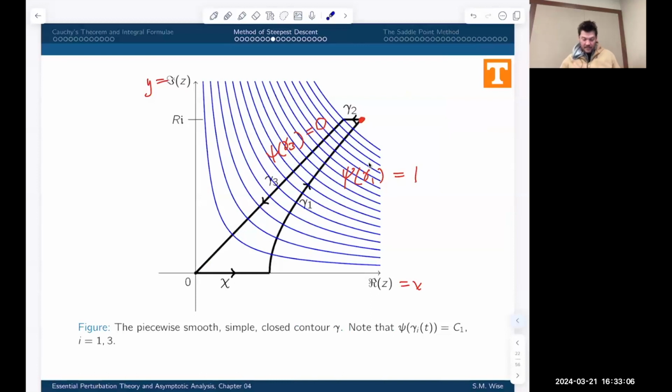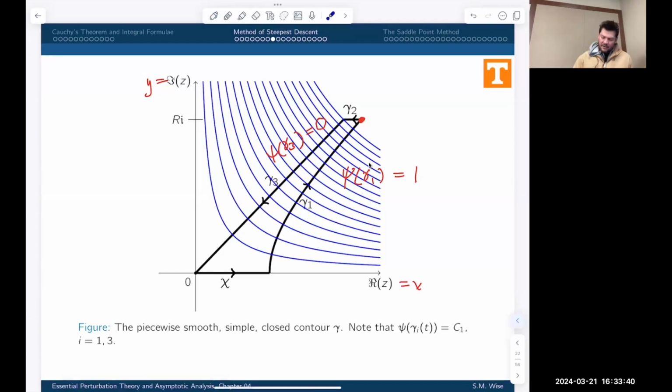Okay, so now we said that phi has to be decreasing along this contour as we move away from the original contour chi. So how do we know that that's happening? Well, I've drawn on here the level curves of phi. So these are level curves of phi, and level curves of psi meet these guys orthogonally. They cross orthogonally. So it just so happens that phi, as I go in this direction on these level curves, is a decreasing function.